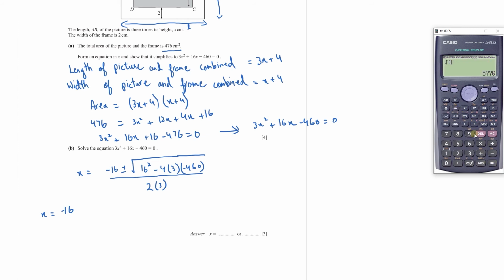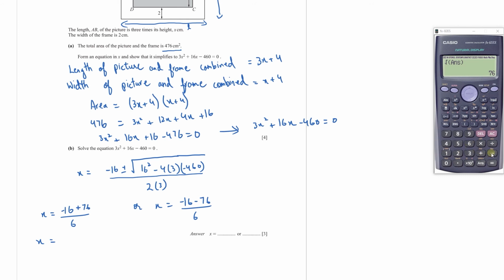And then square root of this is 76. So this is minus 16 plus 76 over 6. So 2 times 3 is 6, or x equals to minus 16 minus 76 over 6.